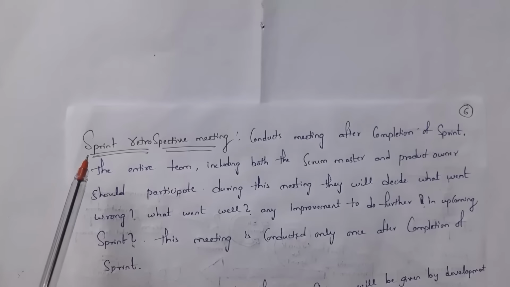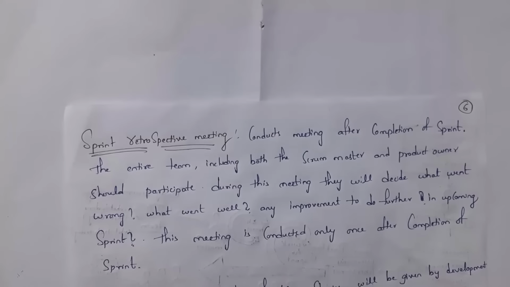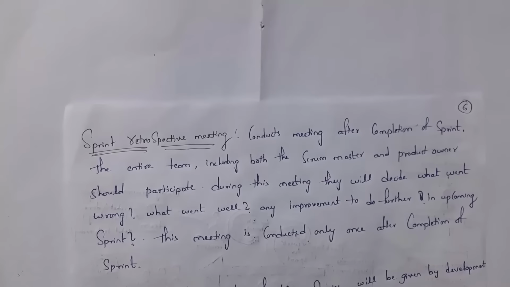And the next terminology is the sprint retrospective meeting. After completion of each sprint, they will conduct a sprint retrospective meeting. In that meeting, all members are involved, including the Scrum Master and product owner. In that meeting, they will discuss what went wrong, what went well, and any improvements further in the upcoming sprint. They will discuss everything. This is all about Scrum methodology.